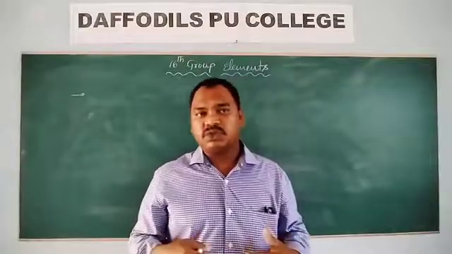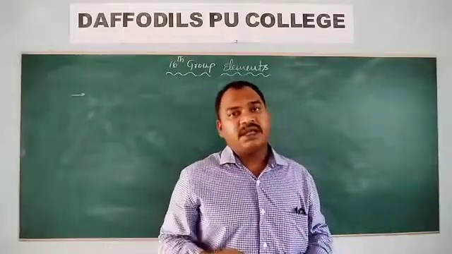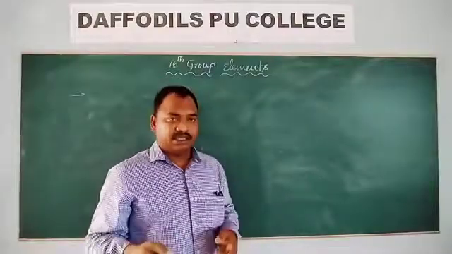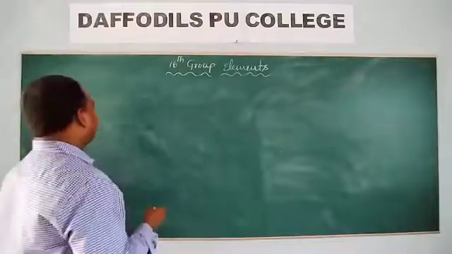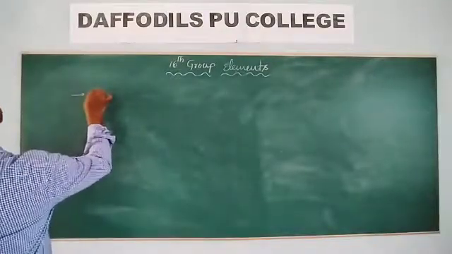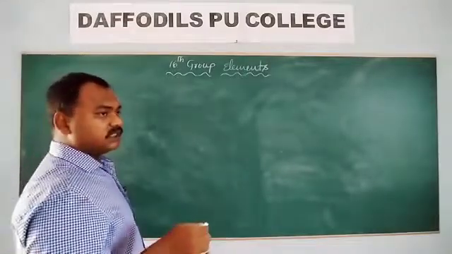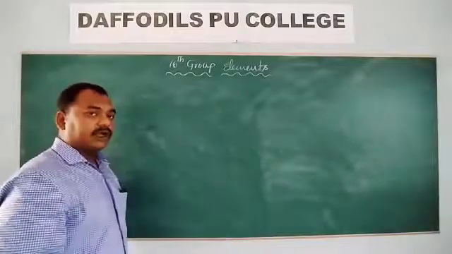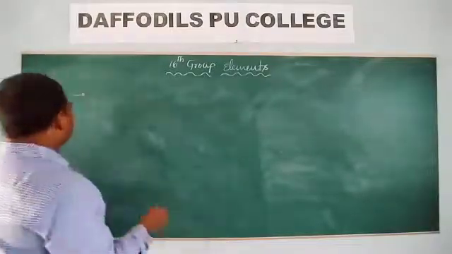So in case of H2O, electron pair donation easily takes place. When electron pair donation easily takes place, its basic nature increases. So in case of hydrides, H2O has more basic nature, and while moving from top to bottom, repulsive forces decrease, basic nature also decreases.